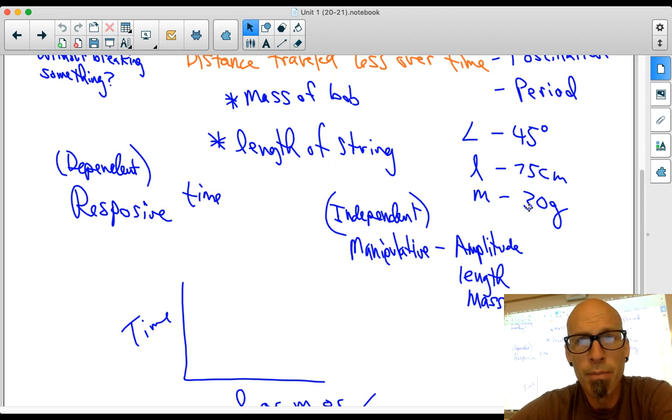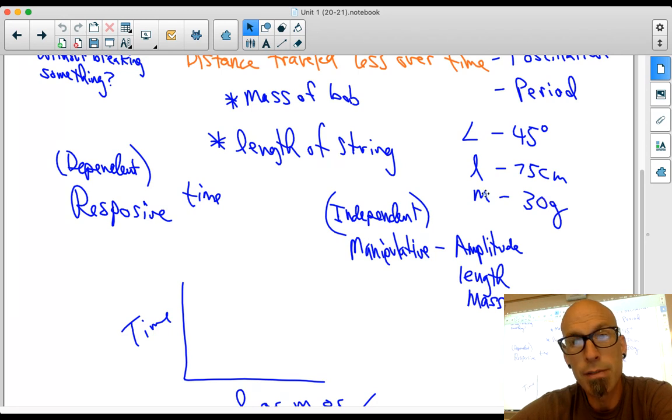So everybody that's changing the angle, these are the values for length and mass you should use. And if you are a person that's changing the length, well, obviously 75 centimeters won't be the only length you use. You'll be changing it a bunch of times. But you keep your angle at 45 and you'll keep your mass at 30 grams.